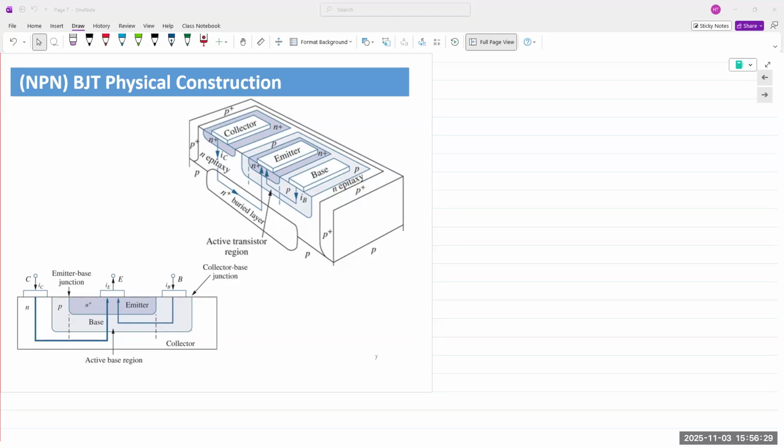But now these electrons are in the base, in the P-type structure with nothing to do. What happens now is if you collect these electrons, so if you apply a positive charge at the collector, the electrons that are hanging around in the base are able to cross over the junction. And the mechanism by which that happens is the reverse bias. So you have the base, which is P-type, you have the collector, which is N-type.